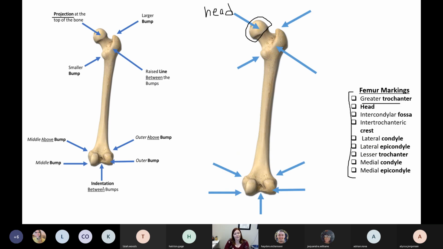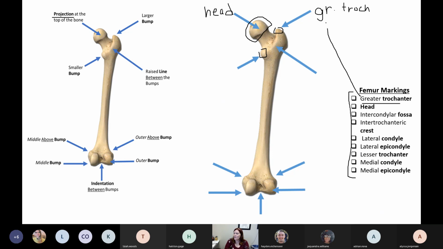So let's go back here. I also have these two pointy bone markings that I see right here. If you use those resources in the guided lesson, we'll find out that this is the greater trochanter. I'm not going to write all of that.